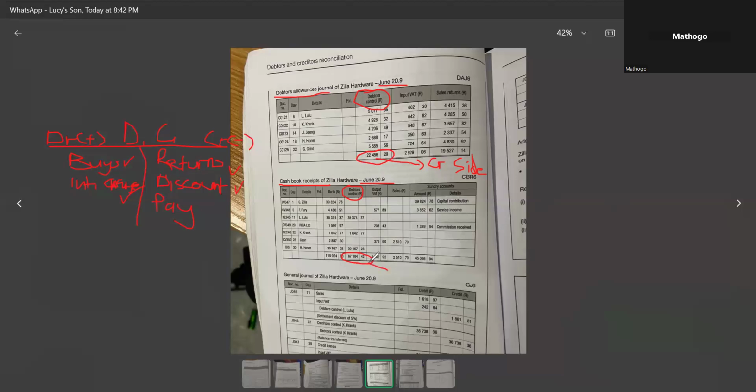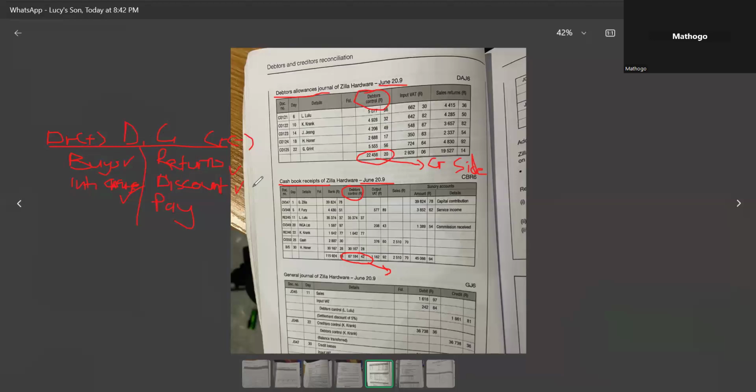We are receiving money, isn't it? So if we are receiving money and it relates to a customer, what do we expect? According to the debtors control account here, if the customer pays, where does it go? The debit side or the credit side, according to what I've shown you here?